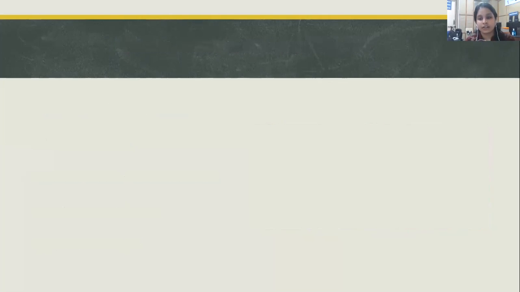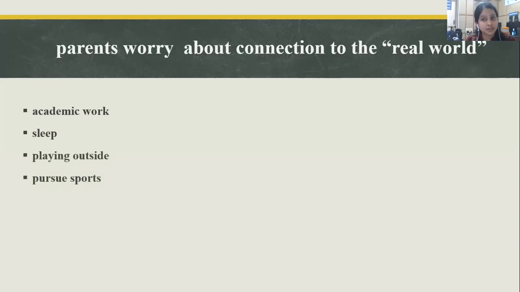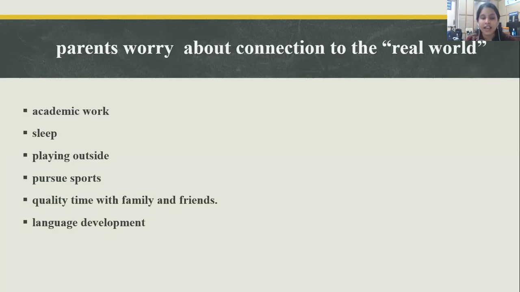Now, apart from this, parents, despite giving away all these gadgets to the children, also have a good amount of worry regarding the academic skills of the child, the sleep habits of the child, if the child is going to play outside, if they are really going to pursue sports, whatever they like, the amount of time they can spend with family and friends, and also the language development of the child.